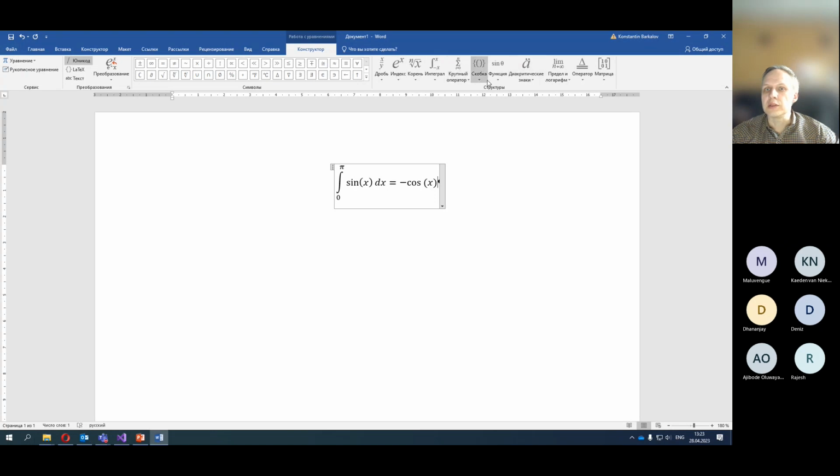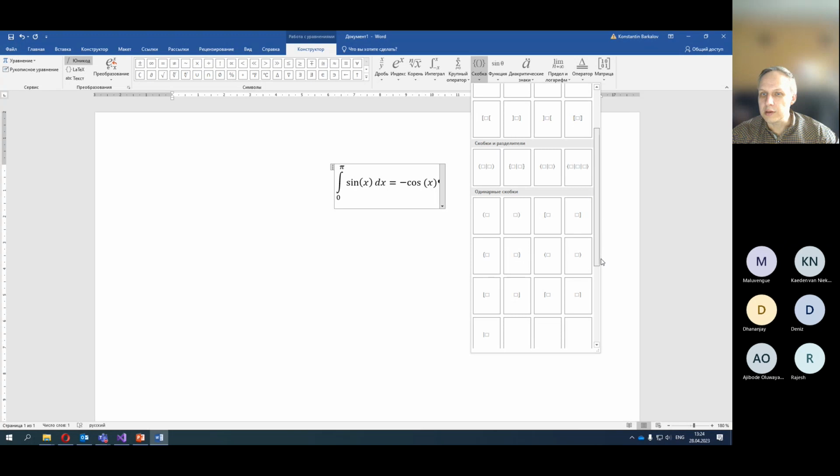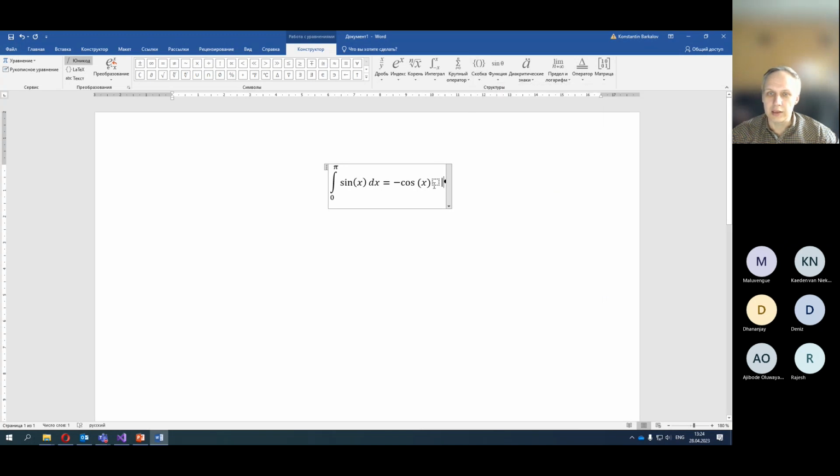And to compute this integral, we should write a substitution. Let me find, yeah, like this. Minus cosine x with lower and upper bound. Lower bound is 0. Upper bound is pi.